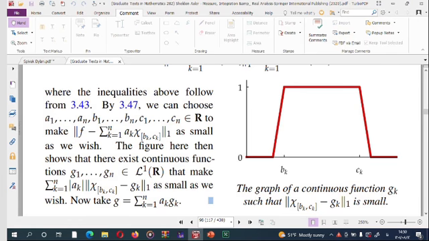Okay, and also this function equal to 0 on these intervals, so that only difference of these two functions happen in this interval and this interval.